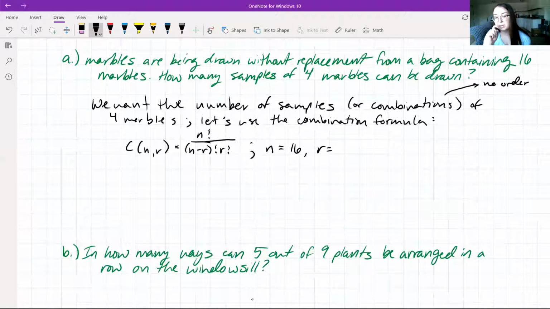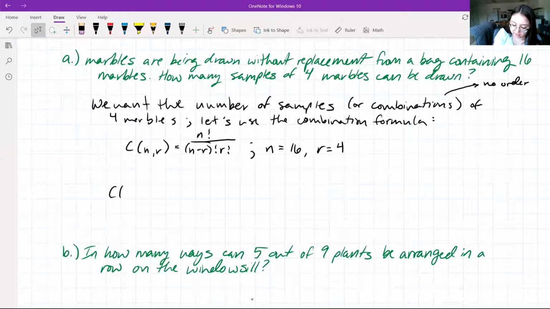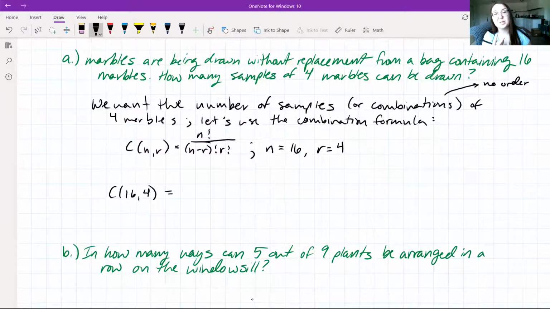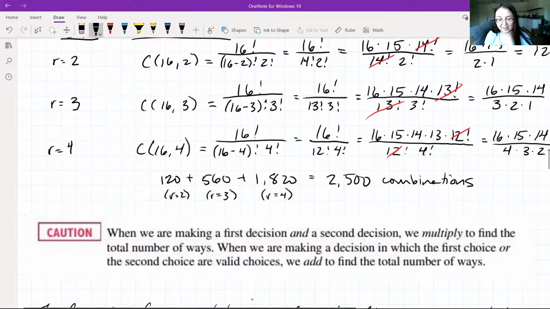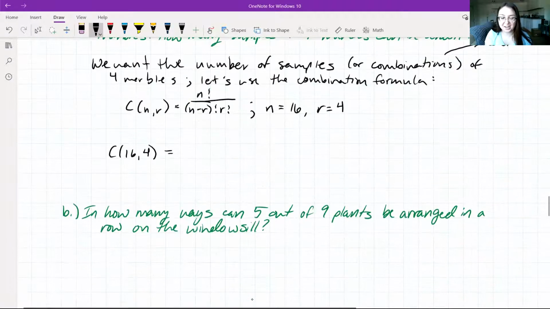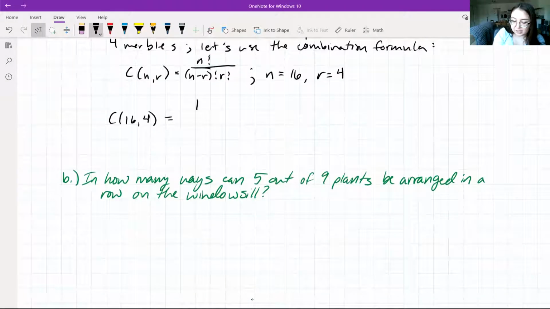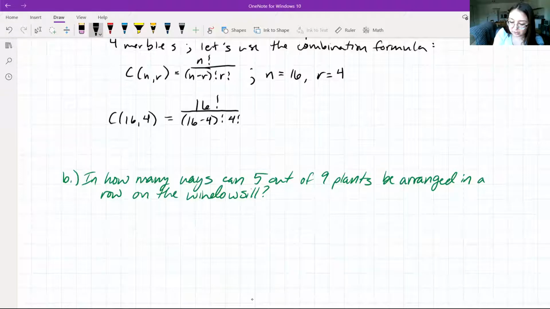And we're drawing samples of 4 marbles, so our r is going to be 4. So when we write this out, we take C of 16 comma 4, which coincidentally is one of the things that we solved for in our last example. We had 16, 4, but now we just get to do it again. So we take 16 factorial divided by 16 minus 4 factorial times 4 factorial.